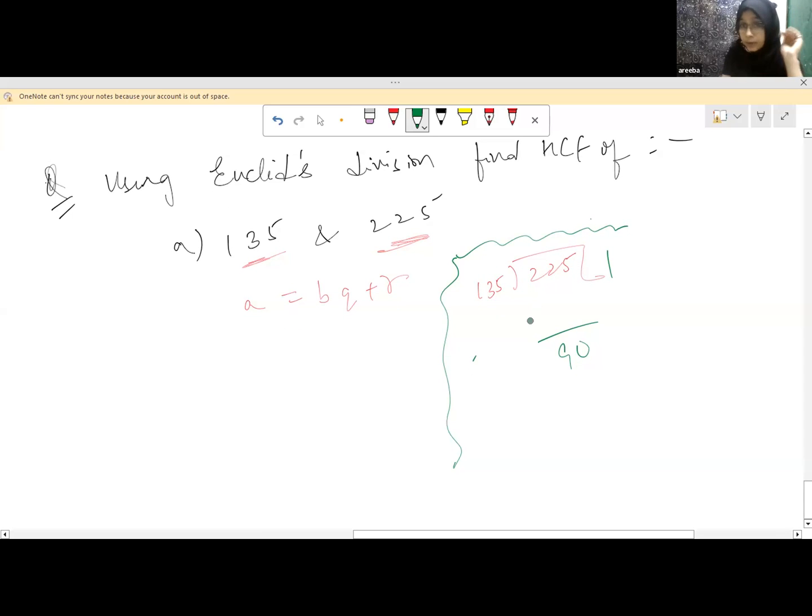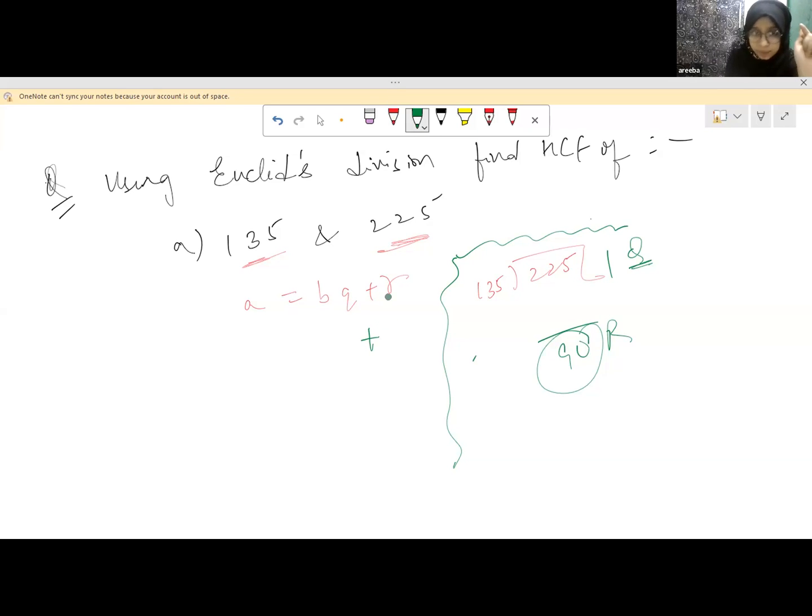After dividing, see it carefully what I'm doing. Just like Afreen said, she's getting quotient as 1 and remainder as 90. So here r stands for remainder. Yes or no? R stands for remainder. Keep responding. Unmute yourself, all three of you.